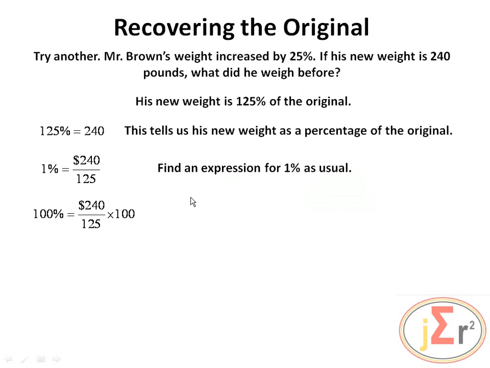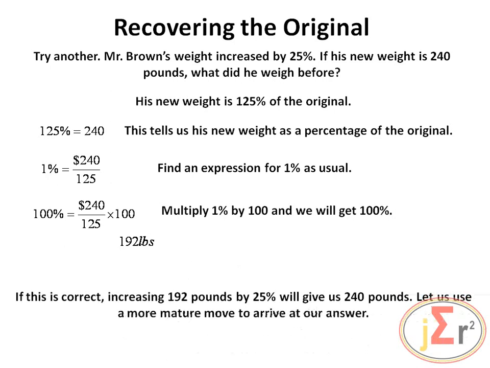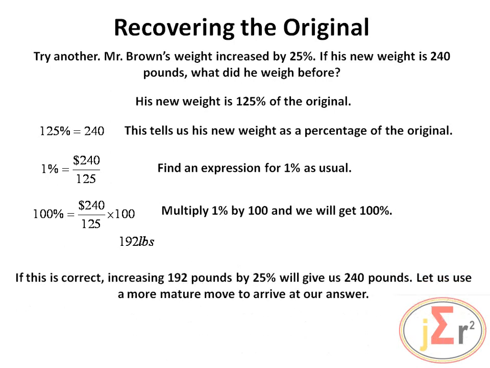Then we are going to multiply that by 100, and we get 192 pounds. So the process is very simple, and it is just like the one that we have completed.